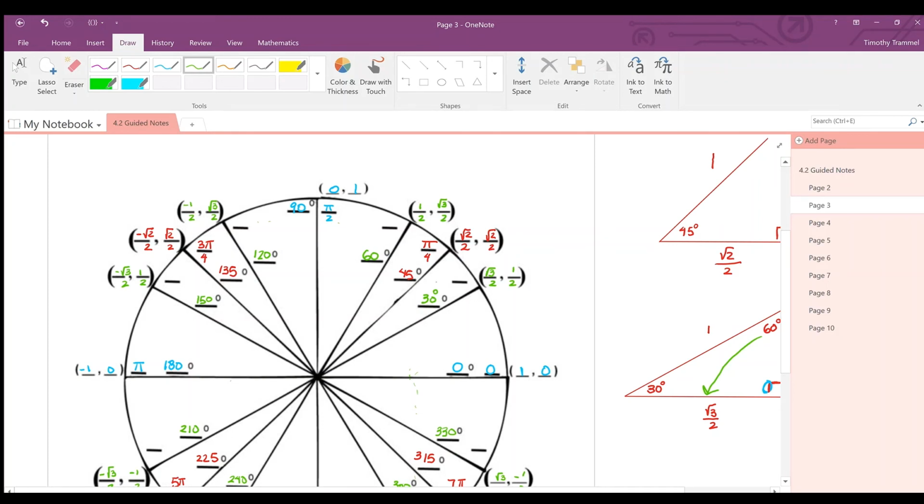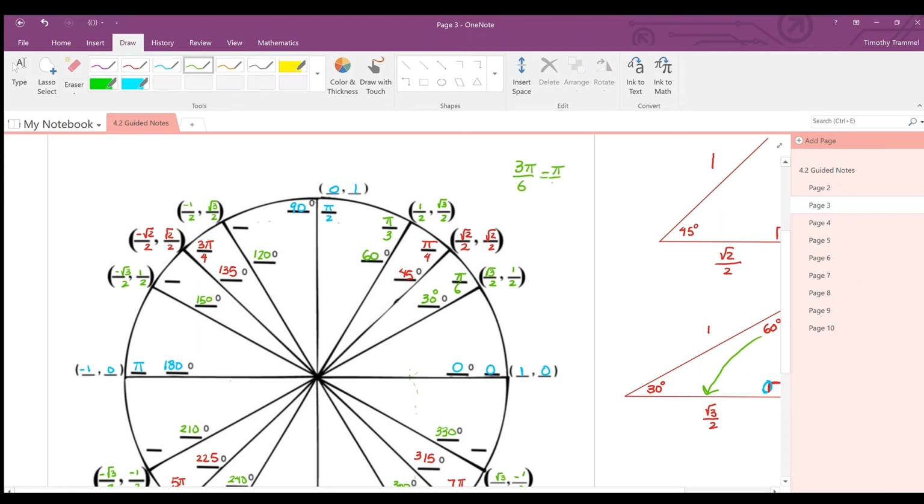So 30 degrees is pi over 6 radians. Okay. And we're just going to keep counting by pi over 6's. So the next one would be 2 pi over 6, which reduces to pi over 3. Okay. And if we were to count to the next one, we'd be at 3 pi over 6, which is pi over 2.